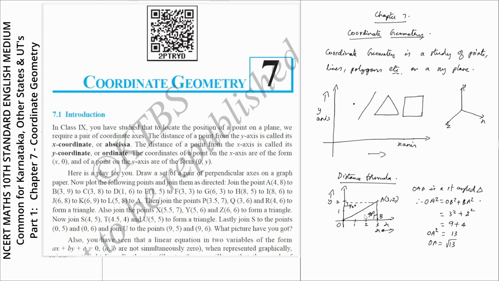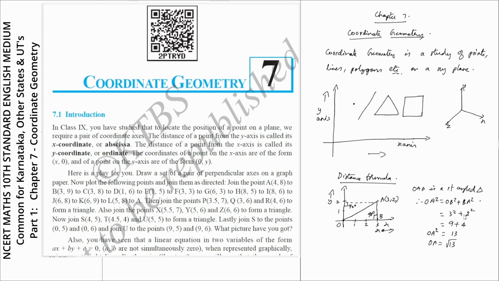Now you can see OAB is a right angle triangle. If we apply the Pythagoras theorem here, the square of the hypotenuse is equal to the sum of the squares of the other two sides. That means OA is the hypotenuse, therefore OA square is equal to OB square plus BA square. OB is 3 units here, 1, 2, 3.